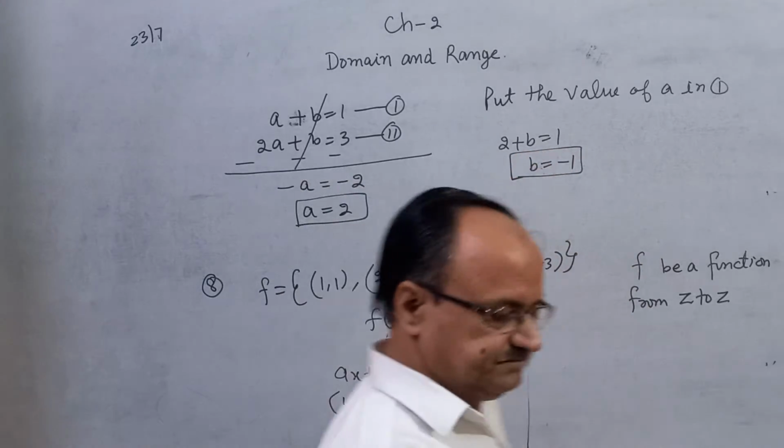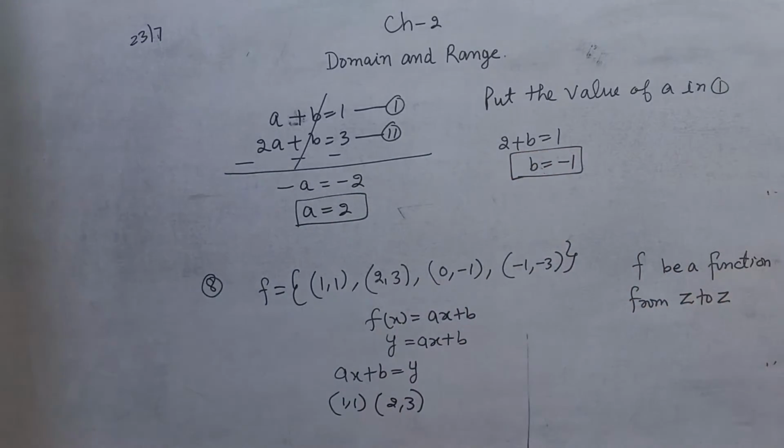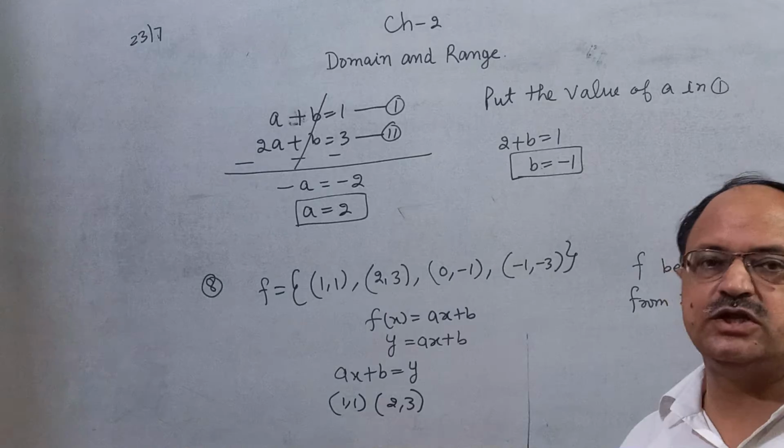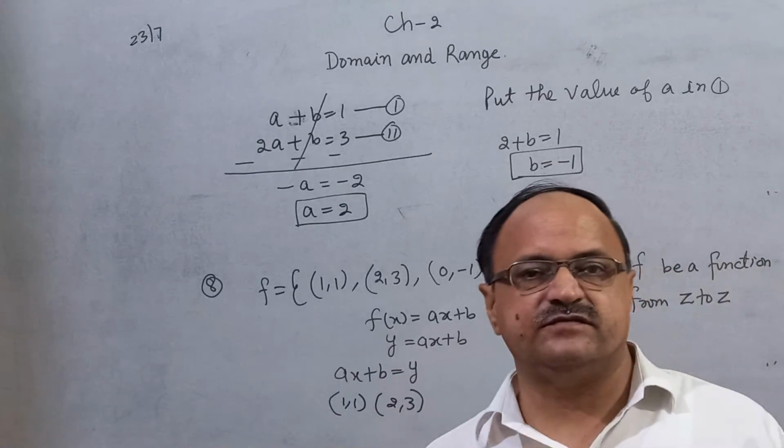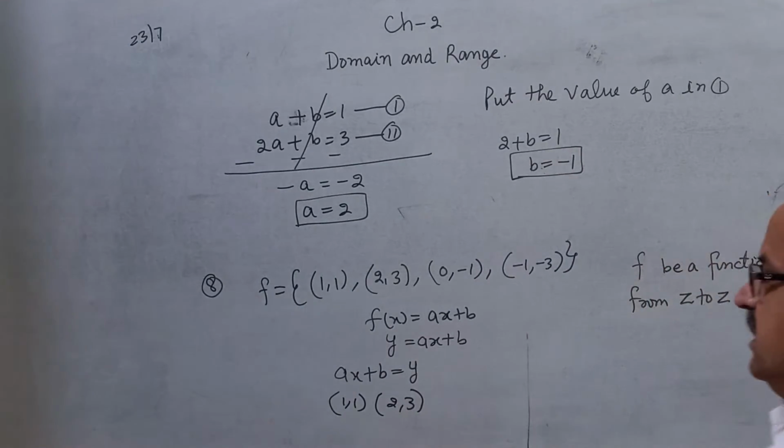This is the answer. You can check. You can use elimination on both equations in two variables to find the values of a and b. This is the solution of question number 8.